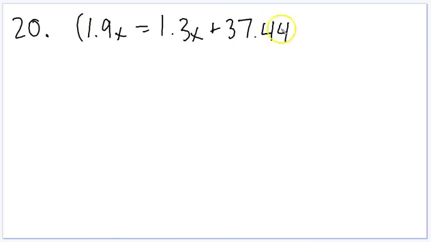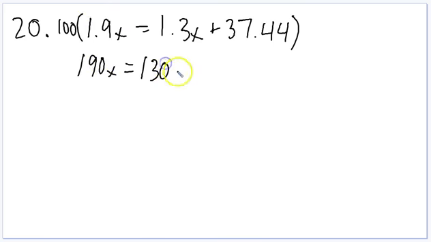So I'm just going to multiply by 100, get 190x equals 130x plus 3744. What is the weight of 1 cubic foot of water?